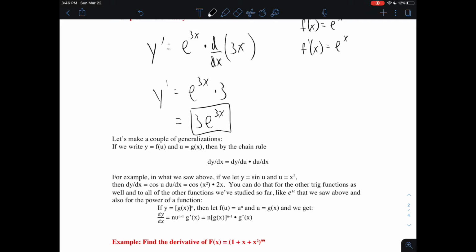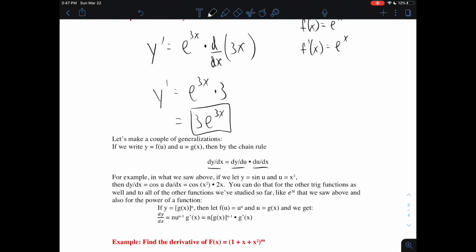Then by the chain rule, the derivative of y with respect to x, so dy dx, is first the derivative of y with respect to u, and then we multiply the derivative of u with respect to x. So for example, in what we saw above, if we let y equal sine of u and u equal x squared, then the derivative of y with respect to x was cosine u times du dx, which just turned into cosine of x squared times 2x.